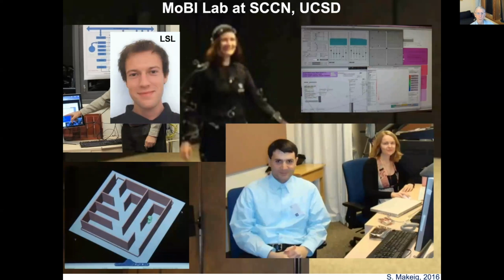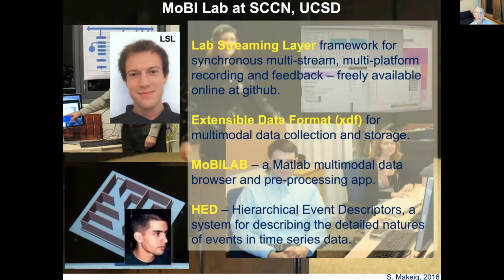So we did get funding to build the first MOBI lab, and of course we needed software. And this on the left is a picture of Christian Kothe, who contributed some wonderful coding. The lab streaming layer is now used in many places to connect devices of different types and record synchronously from them. His extensible data format, XDF, is used by the lab streaming layer, or LSL, recording.